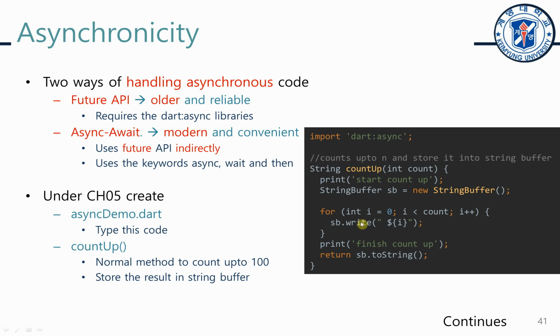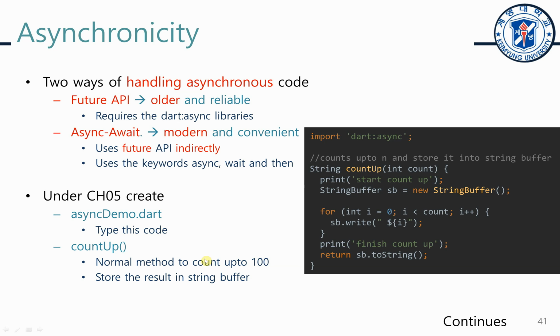But for instance, let's have a program to see our asynchronous programming. Let's assume that we have a function that counts up to 100 or up to 1000 or up to any number, and then it stores this count onto some buffer.